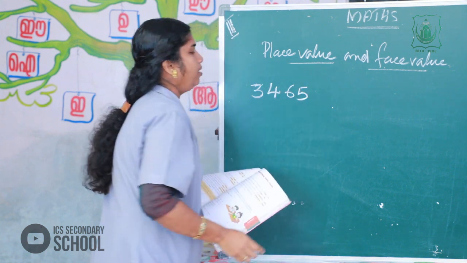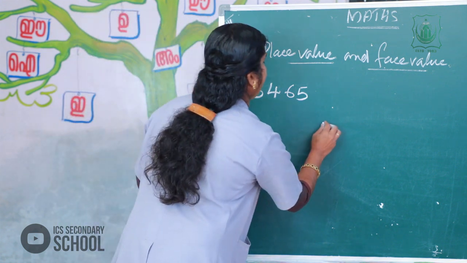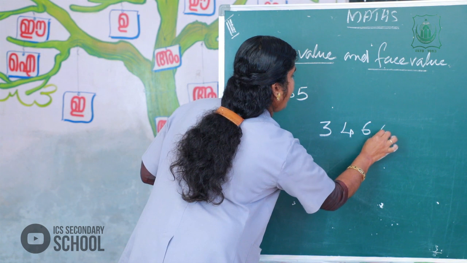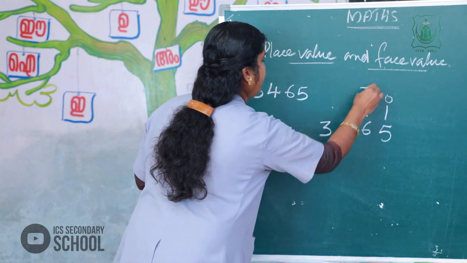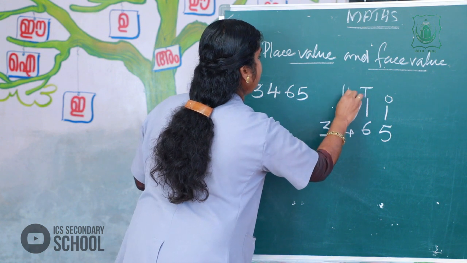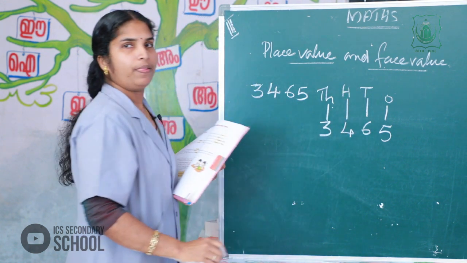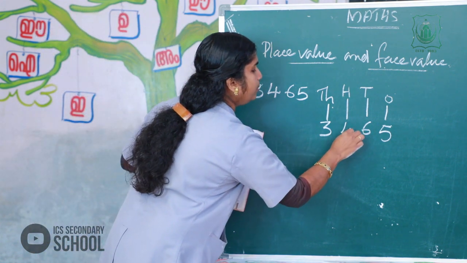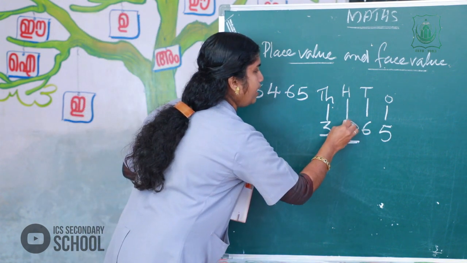3465. 5 in 1 place, 6 in 10 place, 4 in 100 place, 3 in 1000 place. The place value of 4 here: 4 in 100 place.